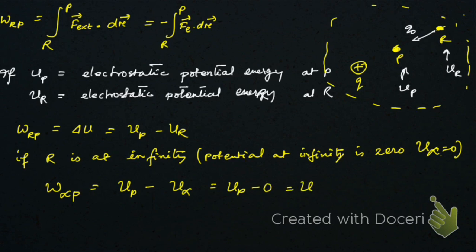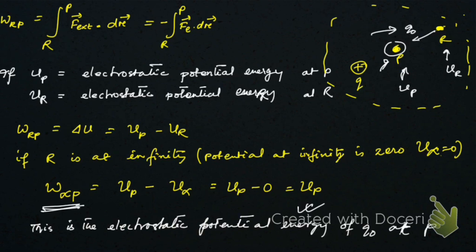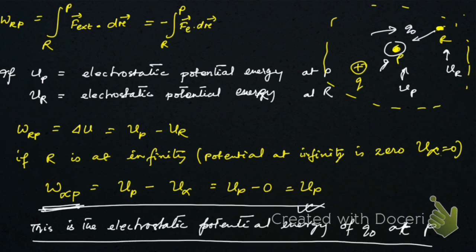The work done in bringing this charge q naught from infinity to point P will give you the electric potential energy of this charge q naught at this point P. So this is the electrostatic potential energy of q naught at P.